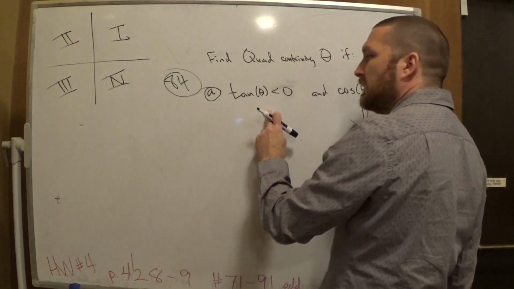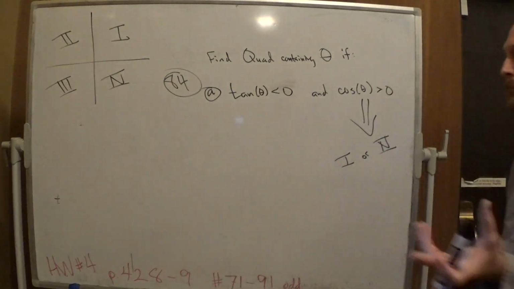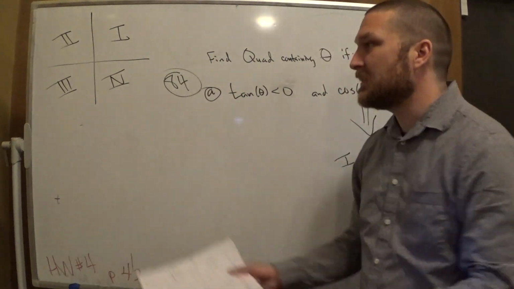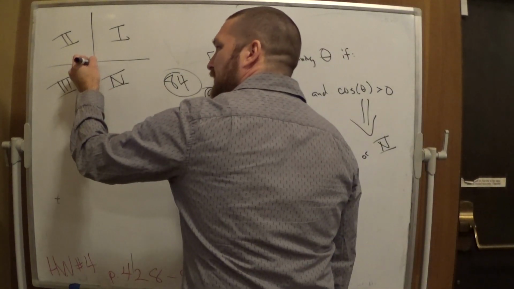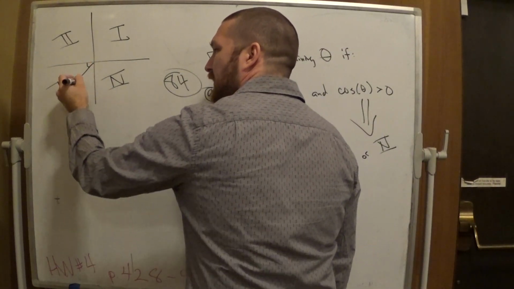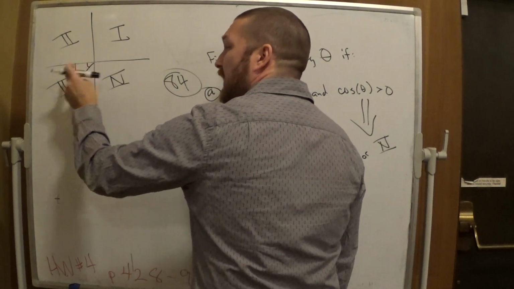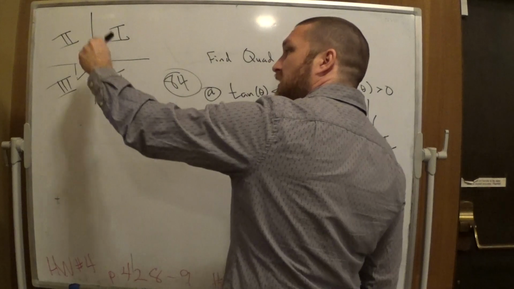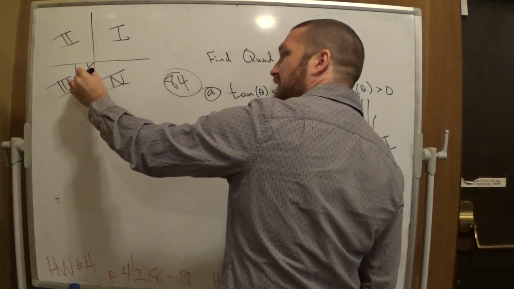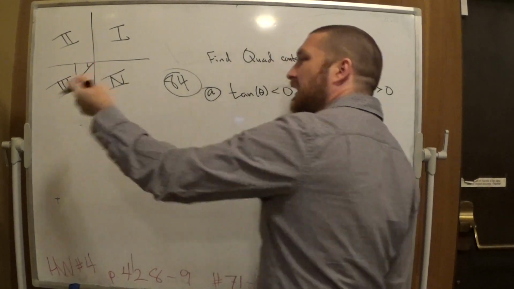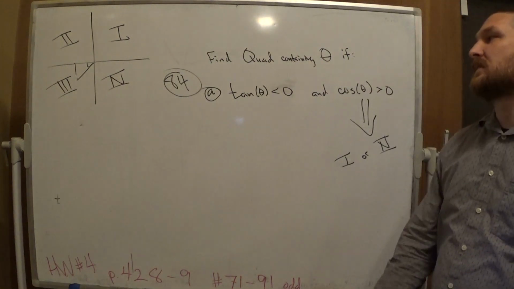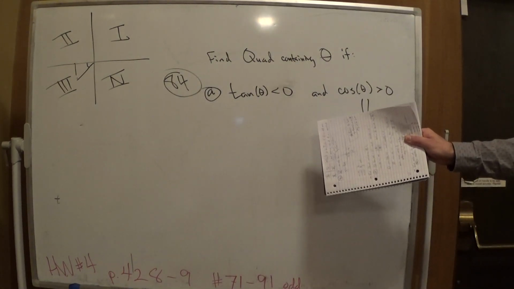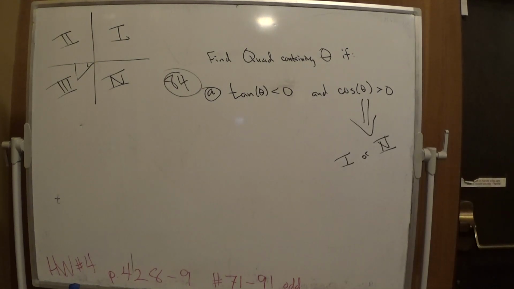In the third quadrant it would be positive, because if you think about the reference angle, tangent is opposite over adjacent, this is your opposite, that's your adjacent, that's a negative number, that's a negative number, negative over negative is positive.